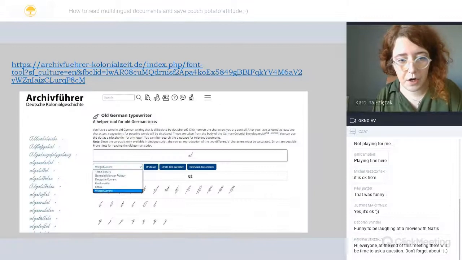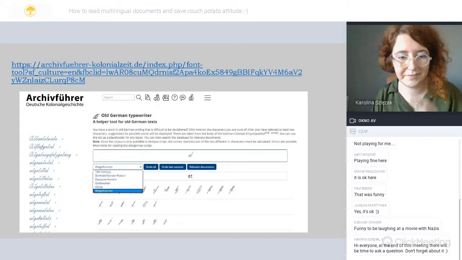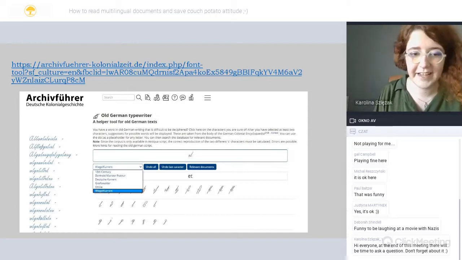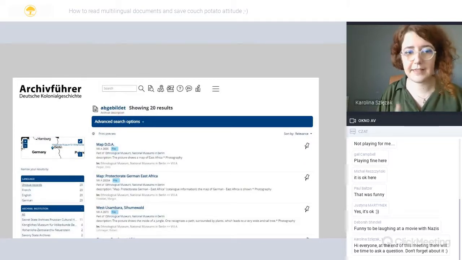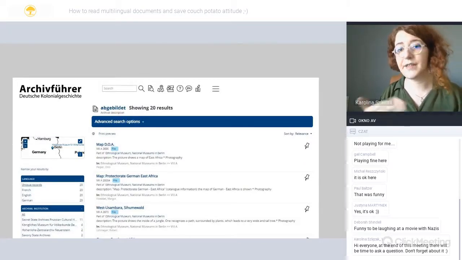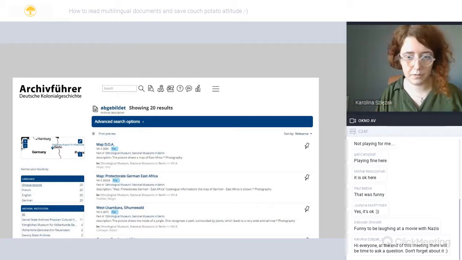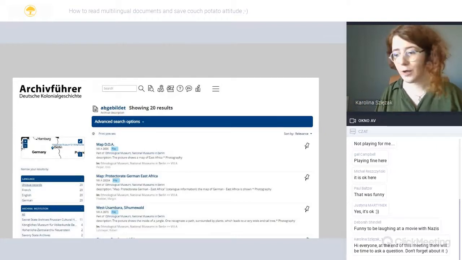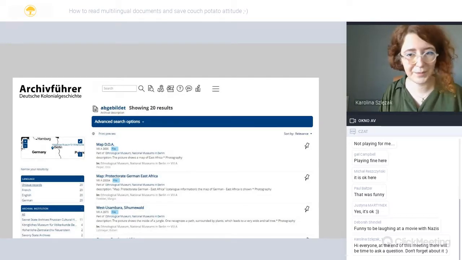So here I'm just showing two letters written in the typewriter, and here we go with an exemplary word and some exemplary uses of this word in the original documents. So when we are struggling with old German writing, that might be a very good place to look up.